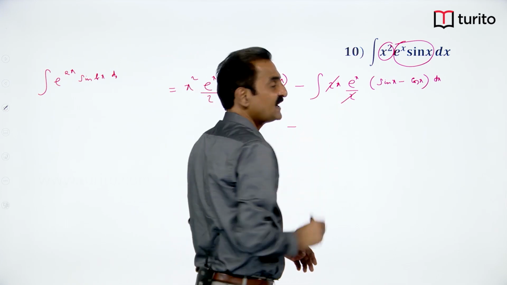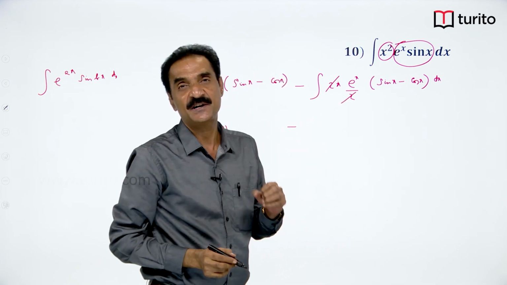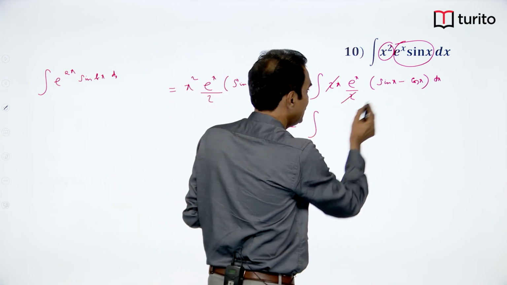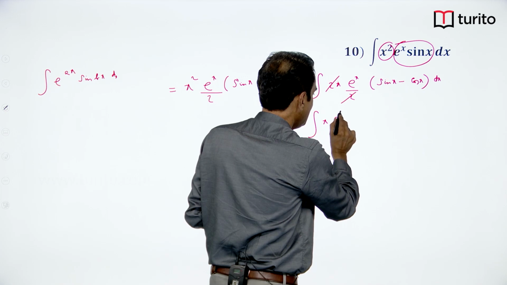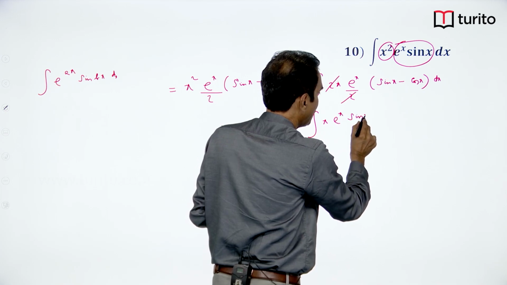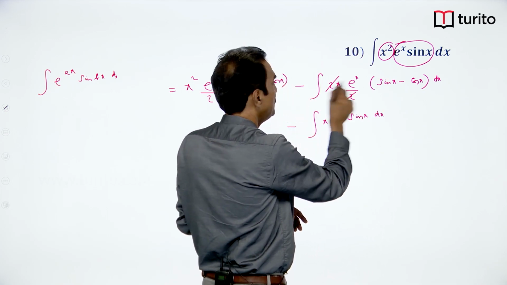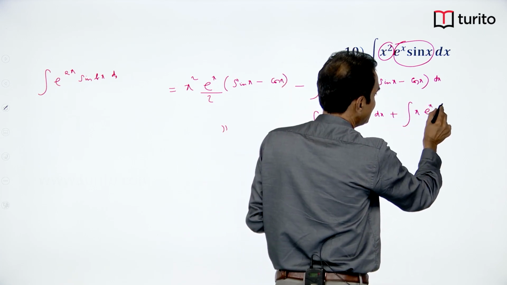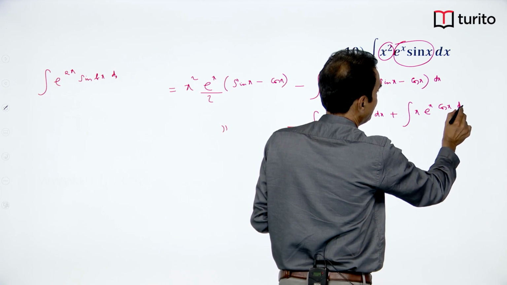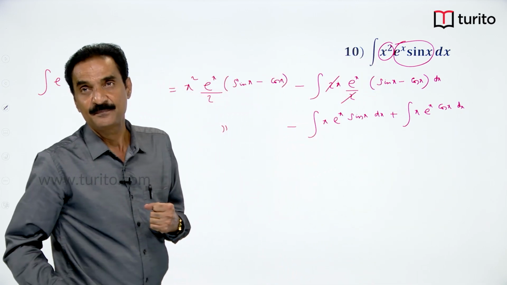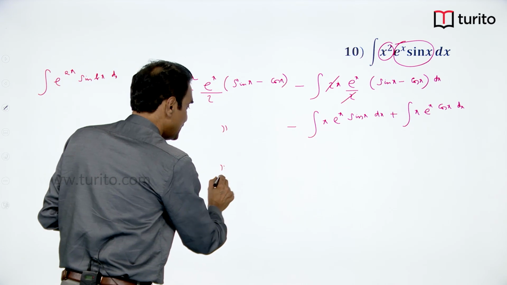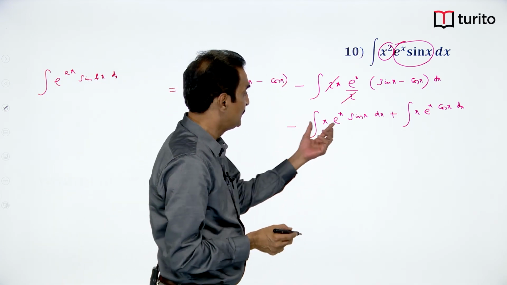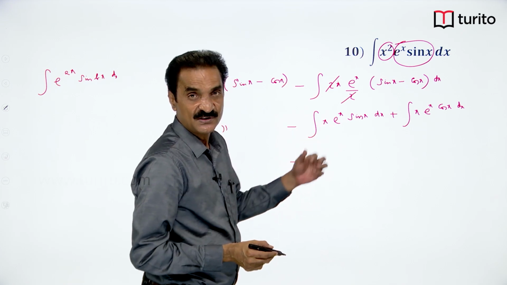So take x as first function, remaining as second function, and integrate by parts. I will first write separately x e power x sin x dx minus of minus plus integral x e power x cos x. This is as it is, minus, first function is x, second function is e power x sin x.